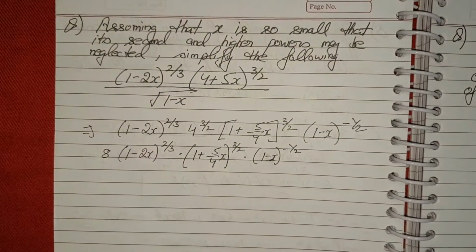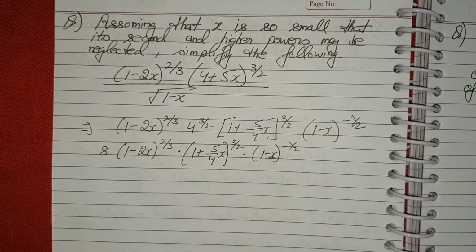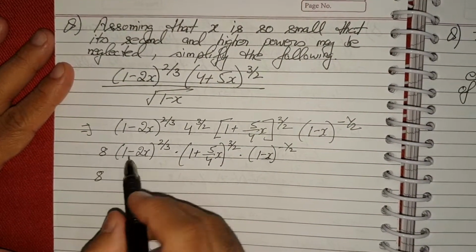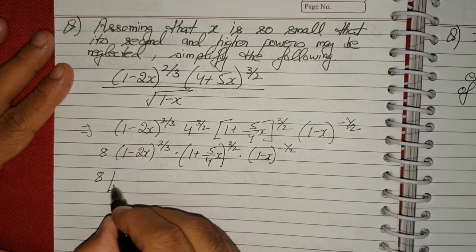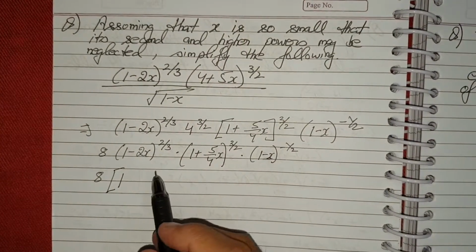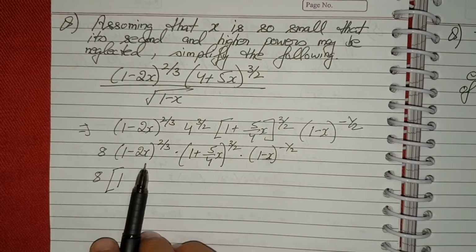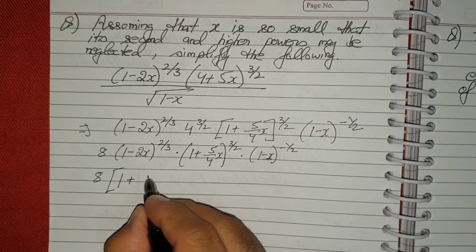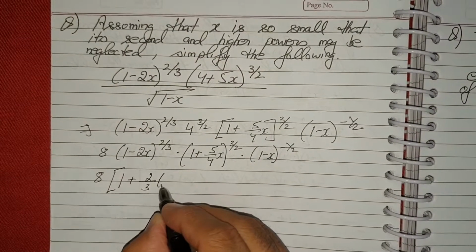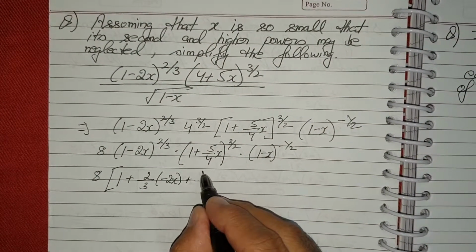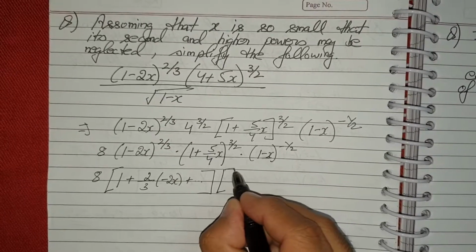Now we will be neglecting x square and higher powers of x. So basically this will be 8. You can write this, see, this will be 1, plus 2 by 3 into minus 2x. Higher powers are not required.